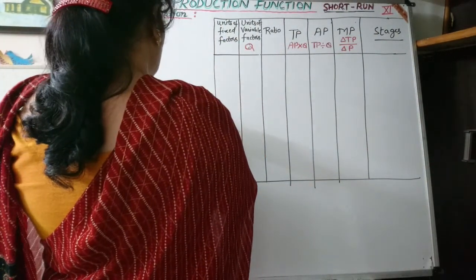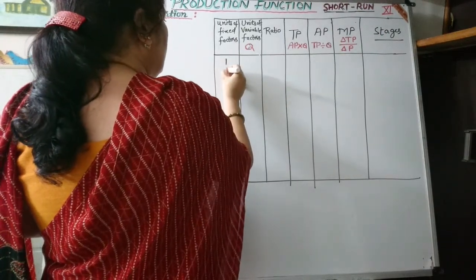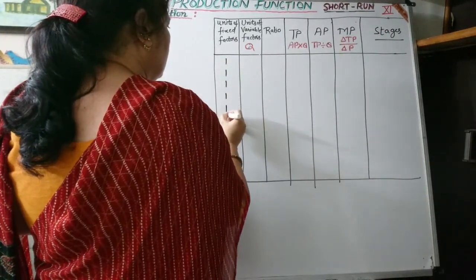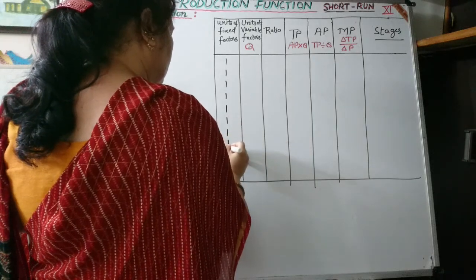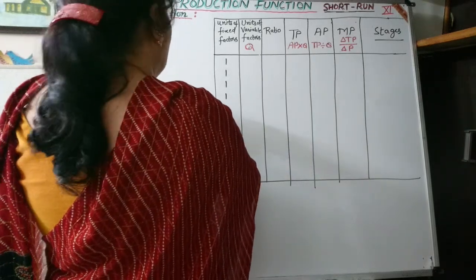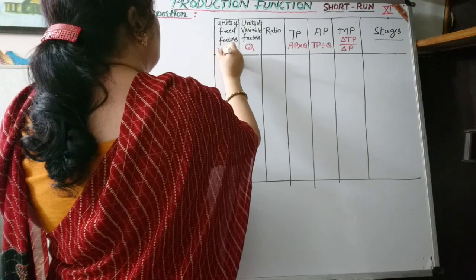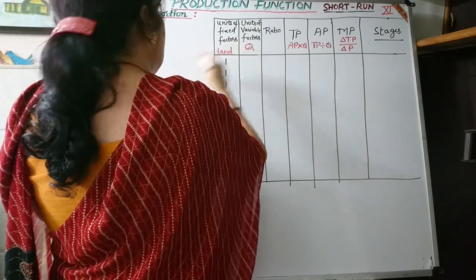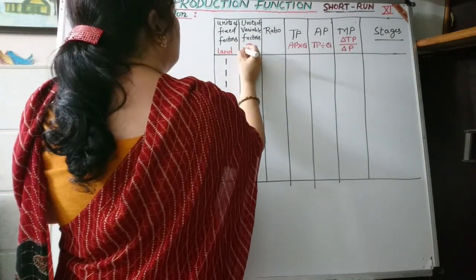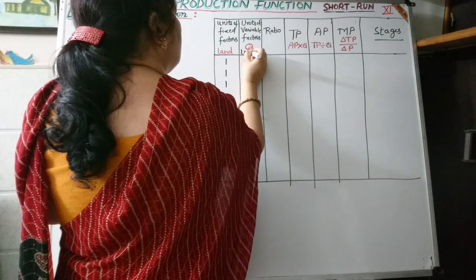So I am writing down the units of fixed factor. Fixed factor, we are taking land, and variable factor, we are taking labor.